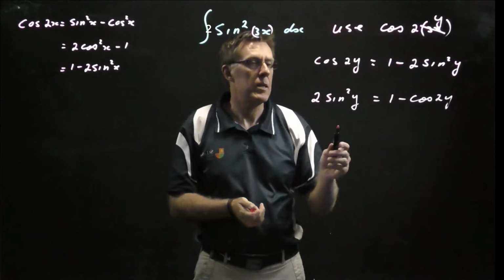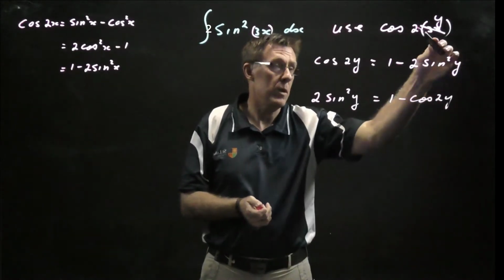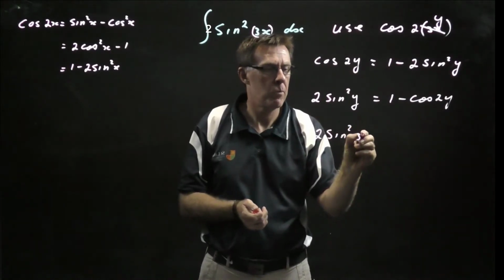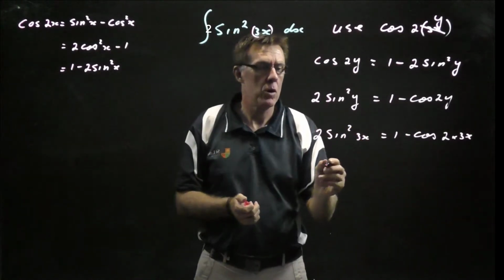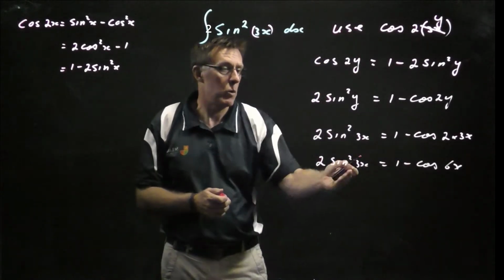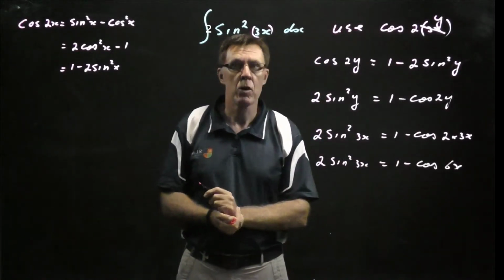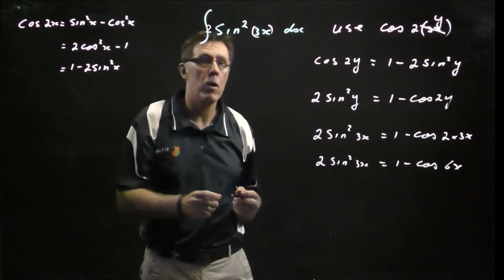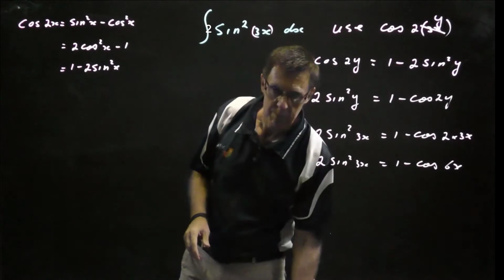Cool. Now I can take my y out and put the angle back in. So 2 sine squared 3x, I'm going to replace that with 1 minus cos 6x. So I can now take out sine squared 3x and replace it with 1 minus cos 6x.